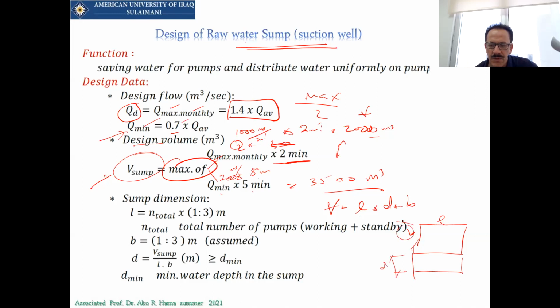The width and depth are usually between 1 to 3 meters, so we don't have anything with this one, but the L will be affected by the number of pumps that we have.